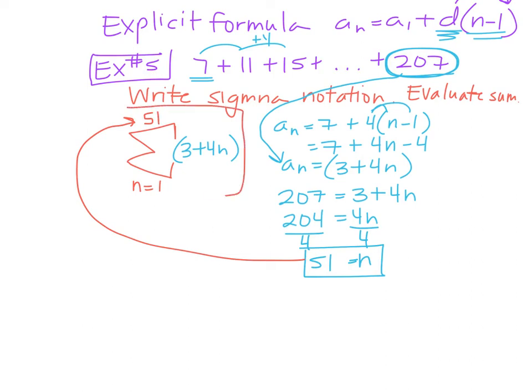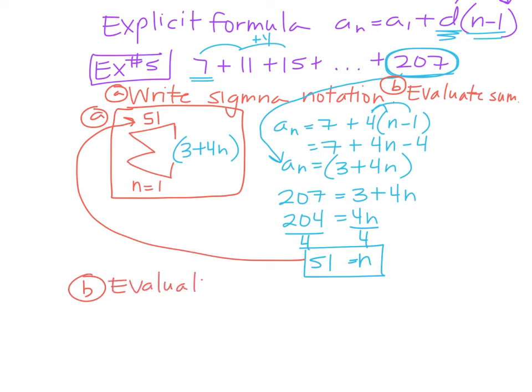Okay, so this is part A, write it in sigma notation. Part B is evaluate it. If we're going to evaluate this, this is what we're going to plug into our sum formula.